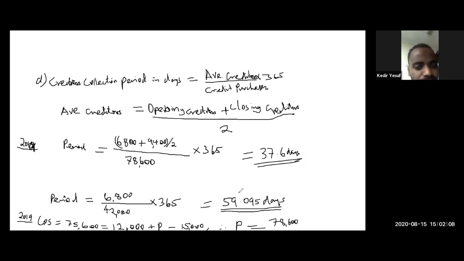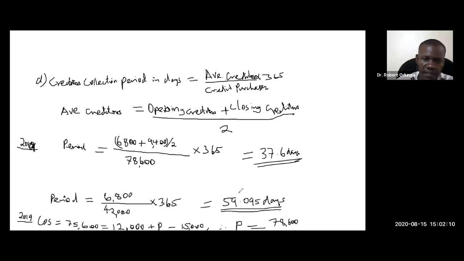So that's 37.6 days for 2019, and for 2018, this is 59 days.